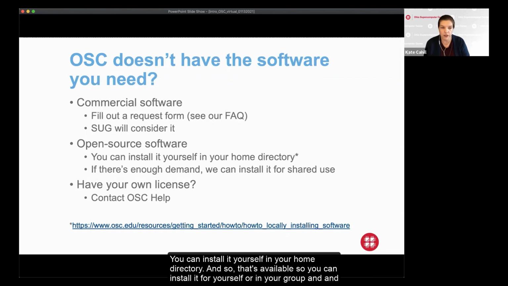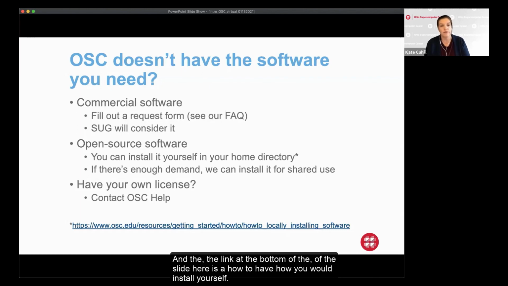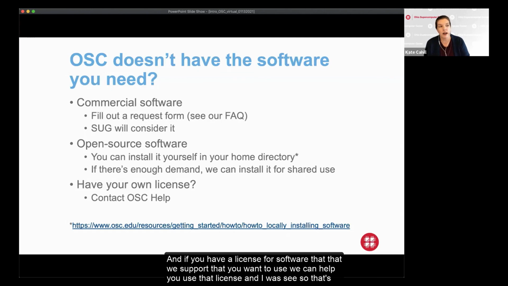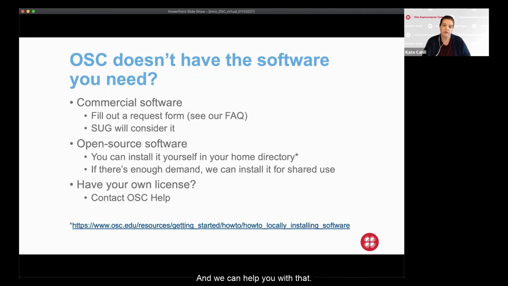The link at the bottom of the slide is a how-to for installing it yourself. If you have a license for software that we support that you want to use, we can help you use that license at OSC. Just send an email to OSC Help, and we can help you with that.